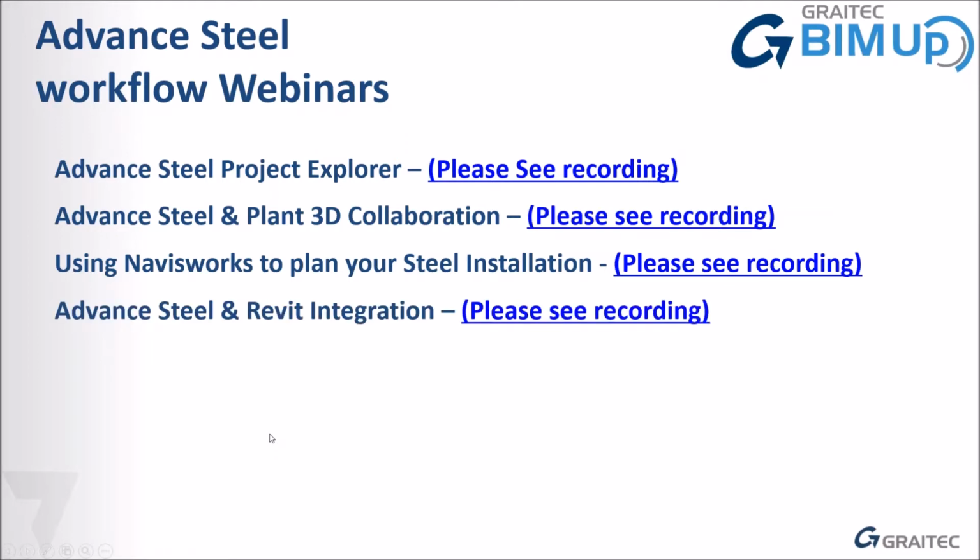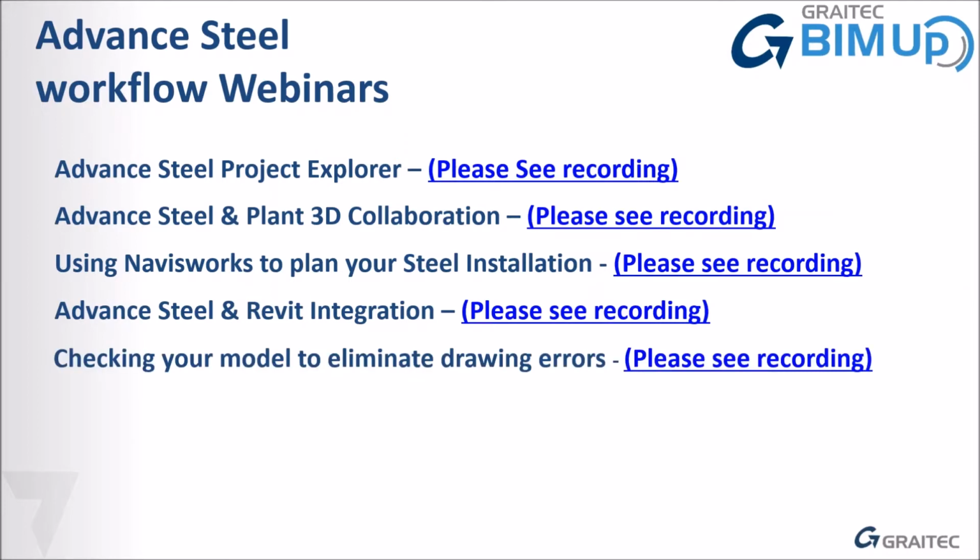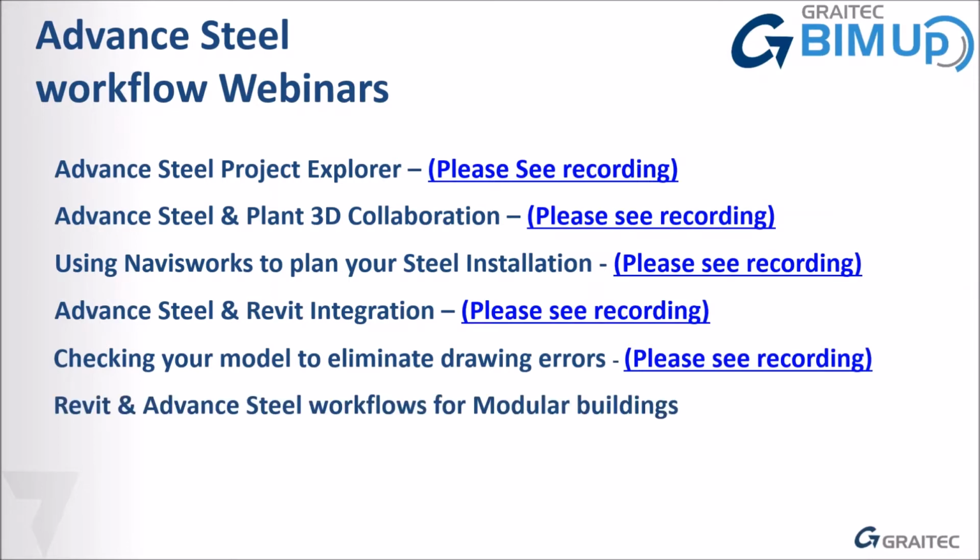I've done a general overview on the Advanced Steel and Revit integration. Today's will be focused on modular buildings. And then last week I did a webinar on checking your Advanced Steel model to eliminate drawing errors. And today's is obviously the Revit and Advanced Steel workflows for modular buildings.